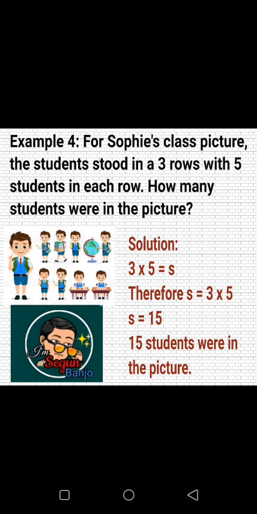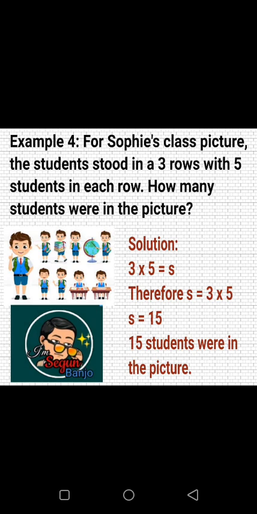Now in example 4, I read that to you. For Sophie's class picture, the students stood in 3 rows with 5 students in each row.